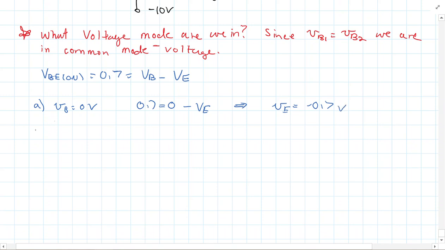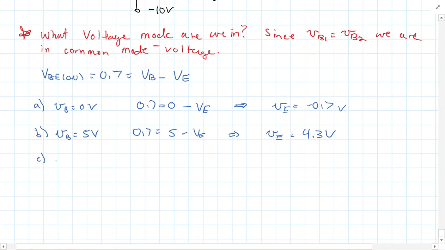If part B, if VB is 5 volts, we have 0.7 is equal to 5 minus VE, which would give me that VE is equal to, well, assuming that I can do basic arithmetic right now, that would be 4.3 volts.